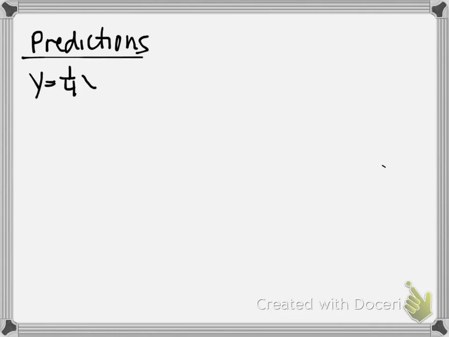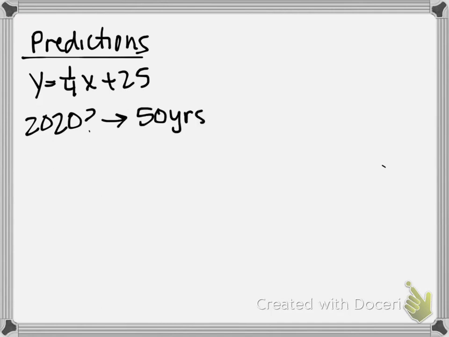Take that equation, and if you make predictions, hold on, you can wait just a few minutes. We had y equals 1/4 x plus 25. What if we want to know 2020? Well, 2020 is now going to be 50 years, right? So we're going to let that represent our x value.